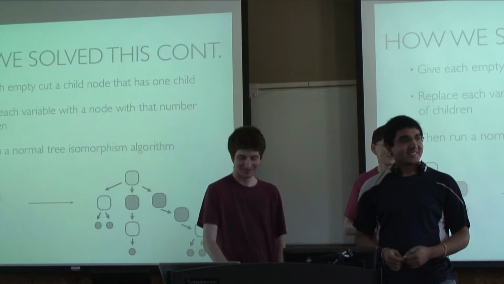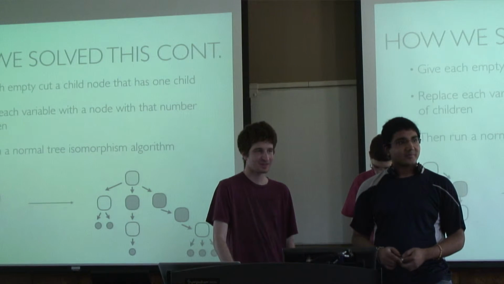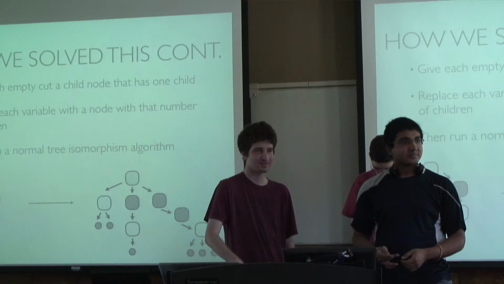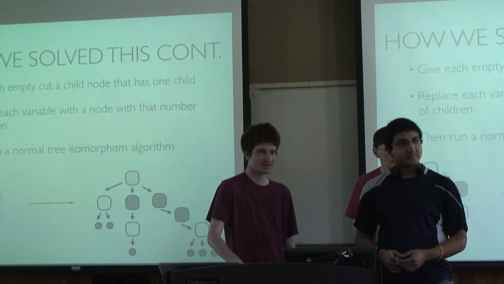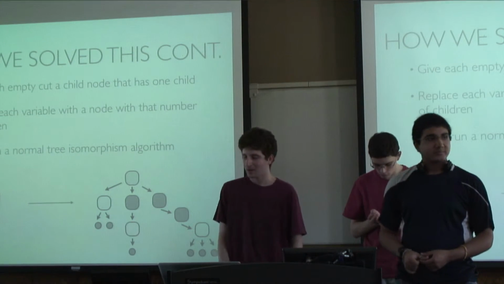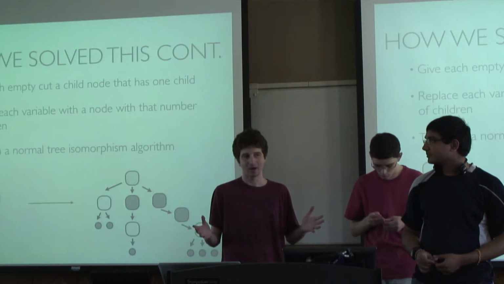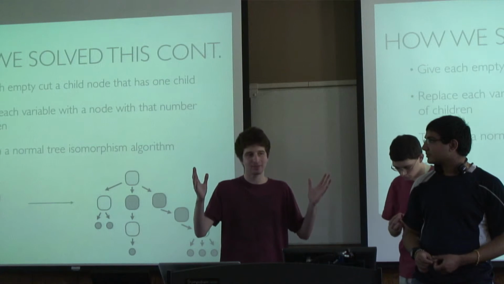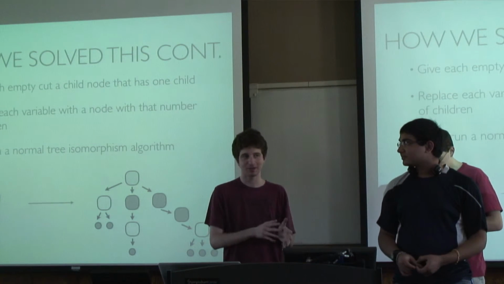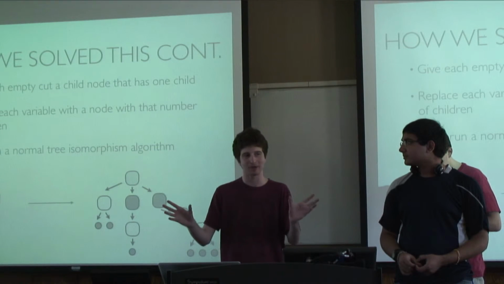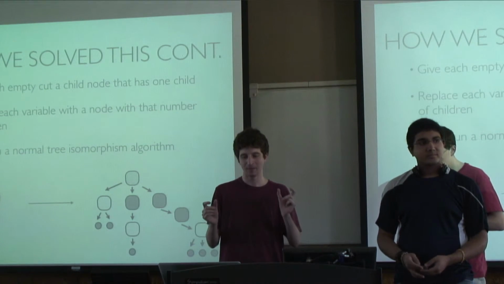I'm wondering, I don't know what the normal tree isomorphism algorithm is, but is the idea behind it applicable immediately to the original graph without replacing stuff? Well, the idea is just for a general tree, so that's just a graph, not having any variables or any special things. All it does is compare the structure of two separate graphs and say, are they structurally equivalent?